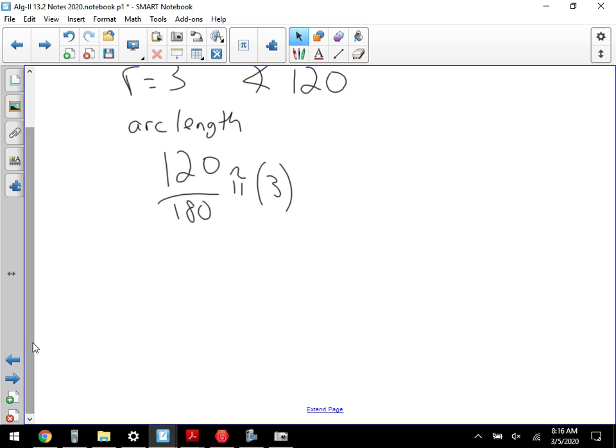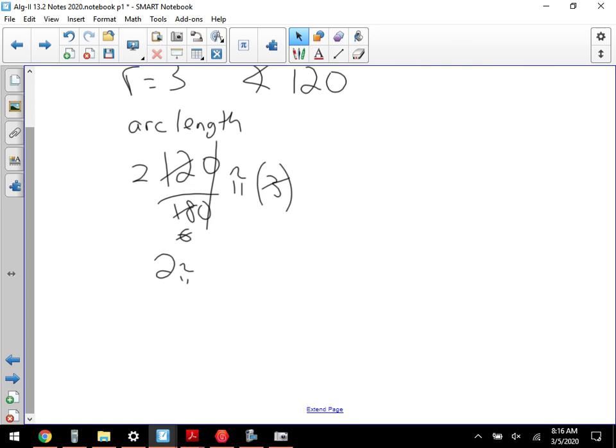When you simplify these things, zeros drop. So 3 goes into 18 6 times, 6 goes into 12 twice, and your answer is 2/5. The simplifying of the fractions for these should always be really fast.